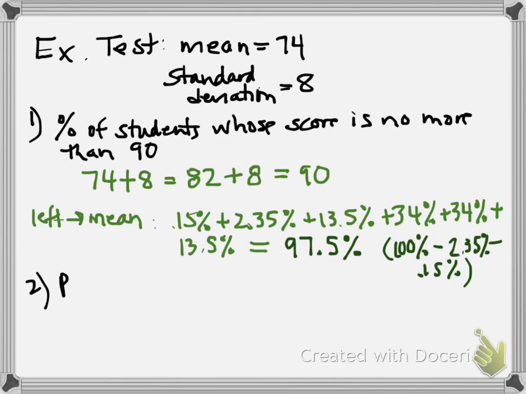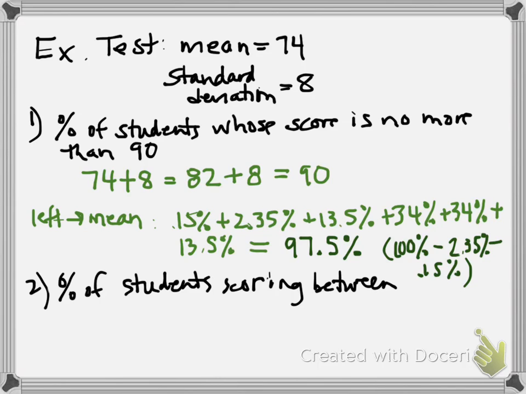The percent of students scoring between 58 and 74. Okay, so 74 is my mean. So now what I'm going to do to get to 58, I'm going to have to subtract standard deviations. So 74 take away 8 is going to give me 66.